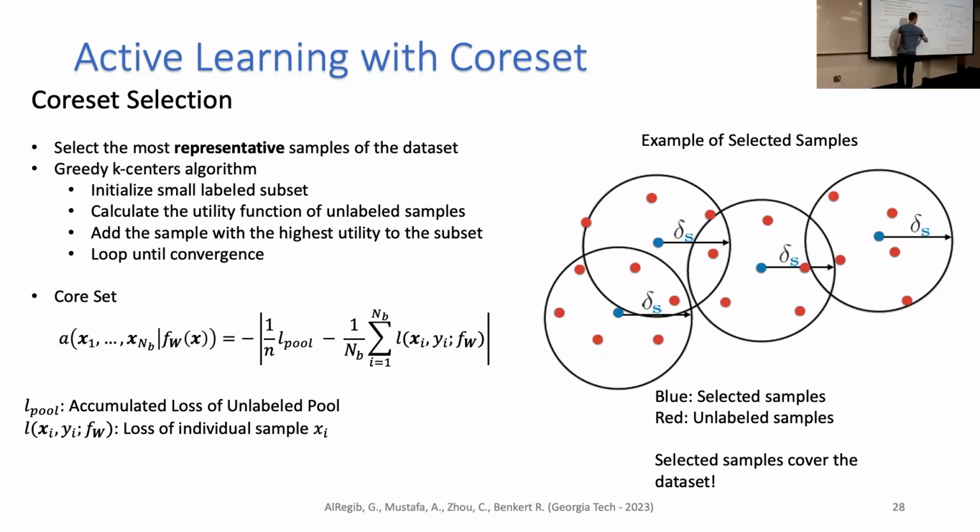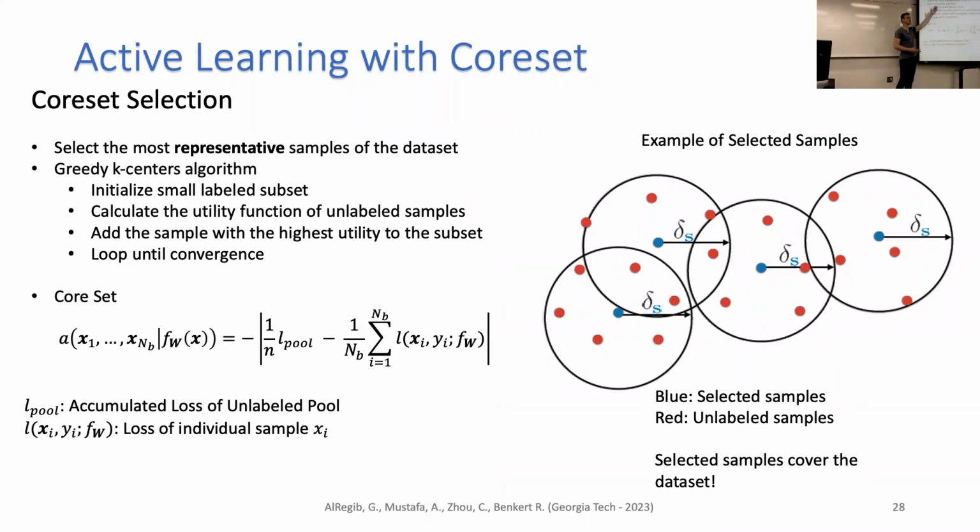We want the loss of this acquisition batch to be the closest to the loss of the entire unlabeled pool. The problem is, in order to evaluate the loss, you need labels, which we by definition don't have in the unlabeled pool. So that's where a bunch of different algorithms come in that approximate this core set.